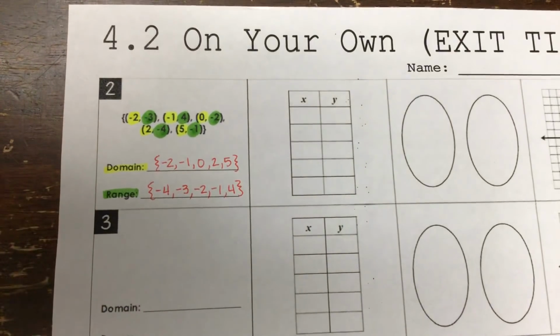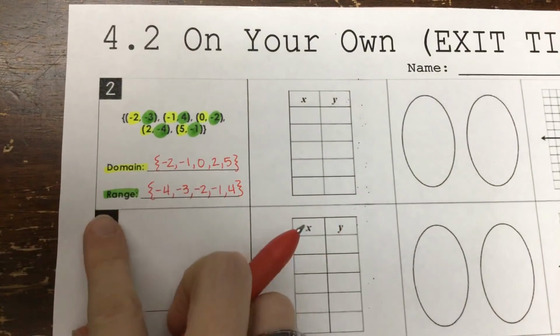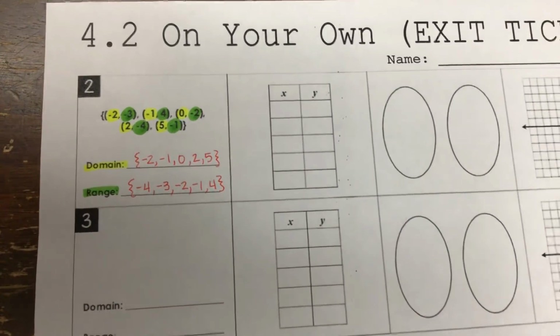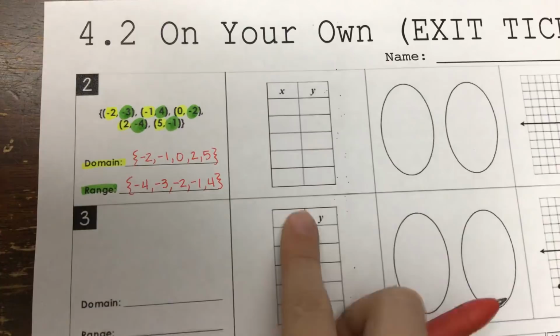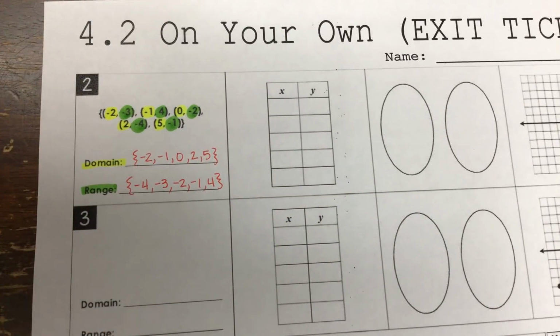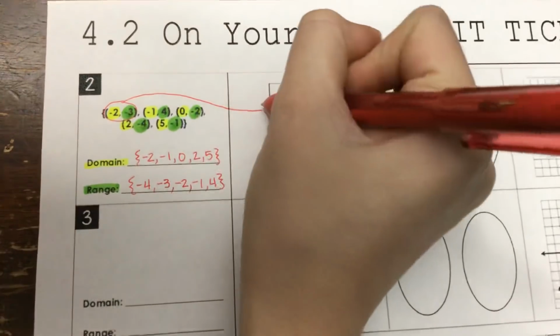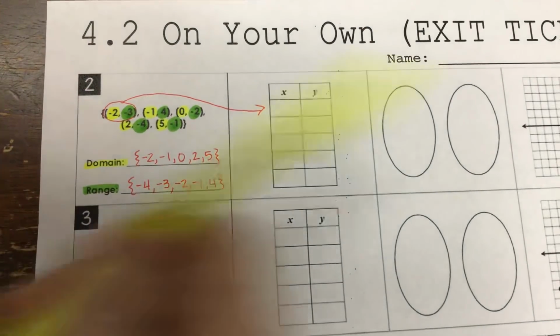So that is listing out the domain, the x values, and the range, the y values, for those ordered pairs. The next way that we can represent this relation is with a table. In that table of values, we're basically just rewriting each ordered pair in a row in that table.